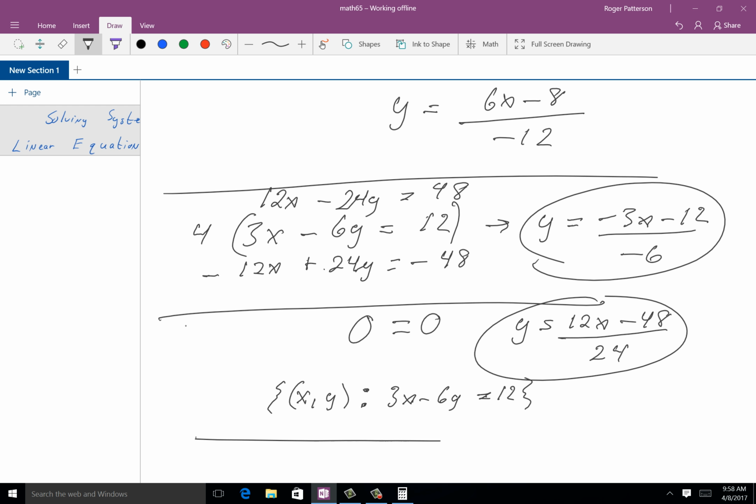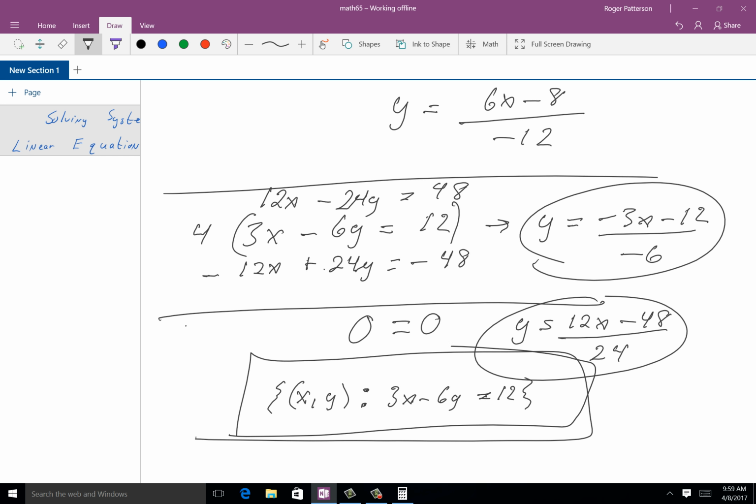And what this means is that the solutions are all the points, x and y, such that it fits in that equation. Okay, so it's not every single point. A lot of people would say, well, it's all solutions, but it's not. It's only the points that are on that line. Okay, so that's how you show that. And you could have picked any equation that you want, but I just picked that one.